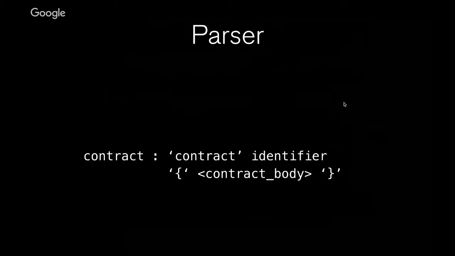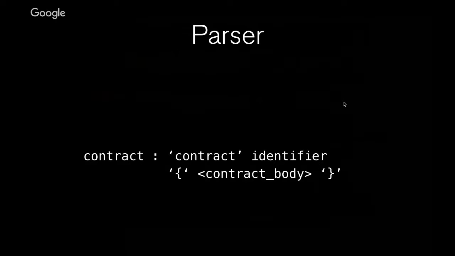Okay, so once we have a stream of tokens, we are going to build the parser. There are different kinds of parsers, but most of those in production use some variant of what is called a recursive descent parser. A recursive descent parser conceptually is built out of a set of rules.